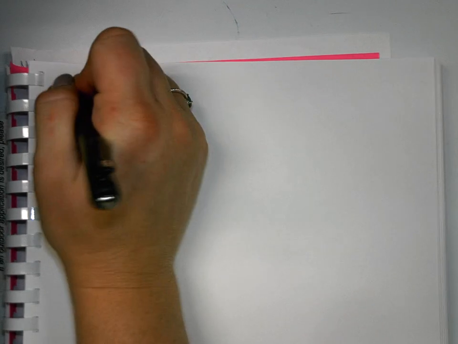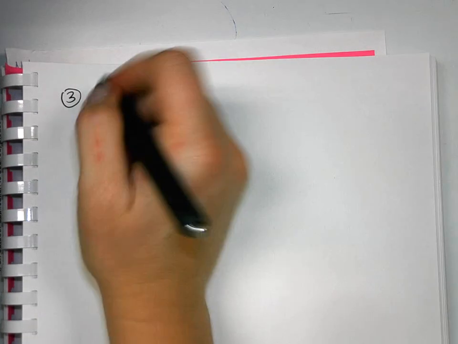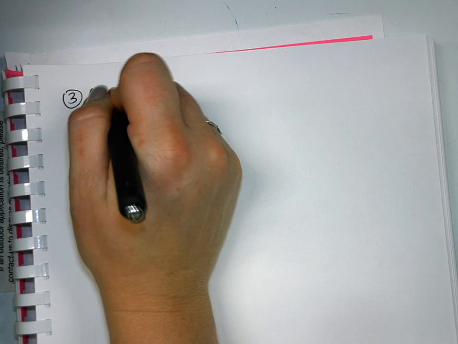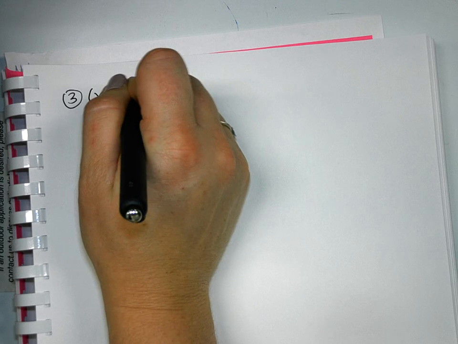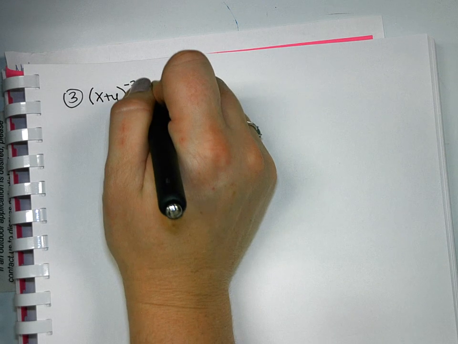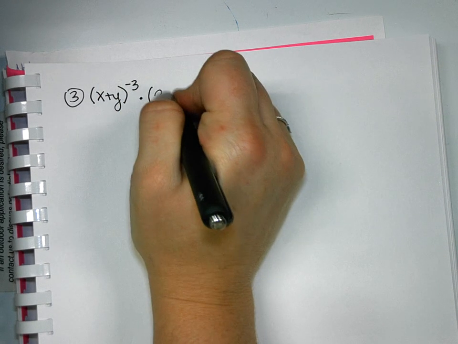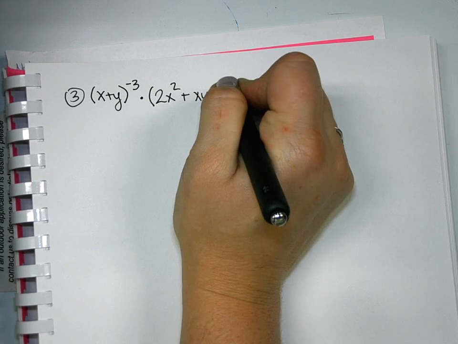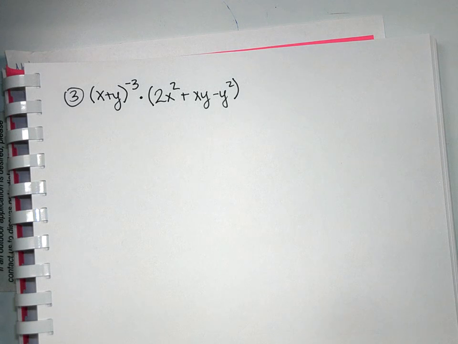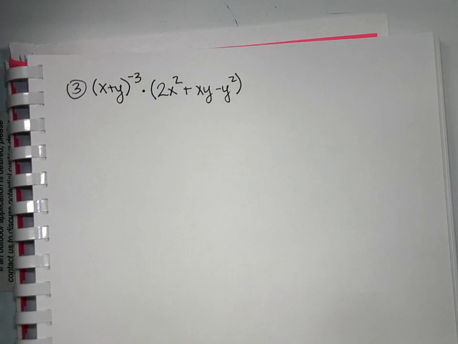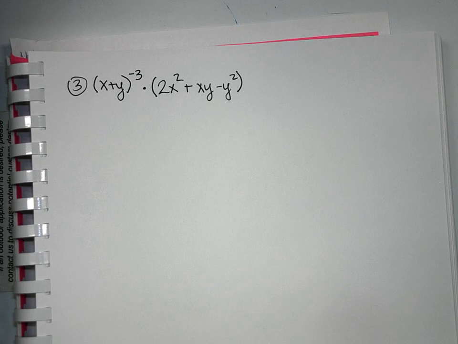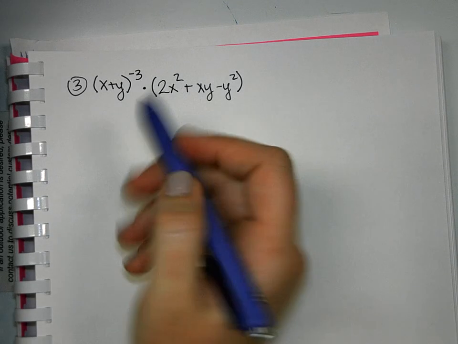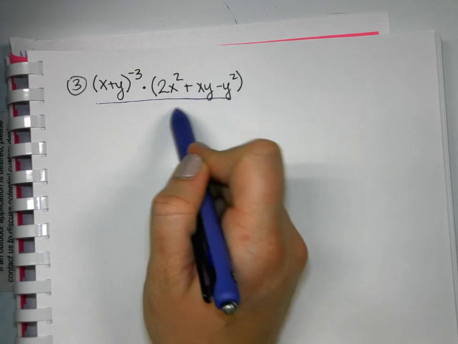So if we look at number 3, parentheses x plus y in parentheses to the negative third power times 2x squared plus xy minus y squared.